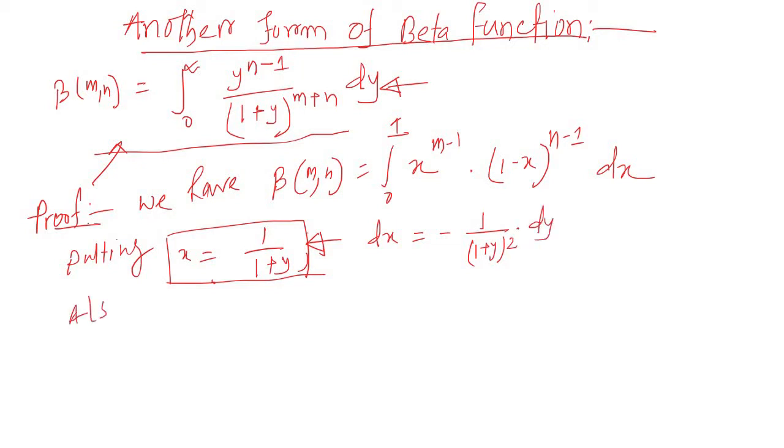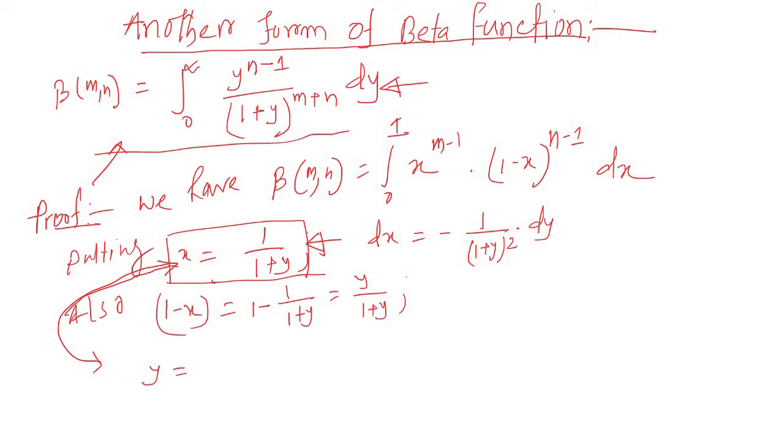Also, 1 minus x equals 1 minus 1 over 1 plus y, which equals y over 1 plus y. From this equation we can write y equals (1 minus x) over x.